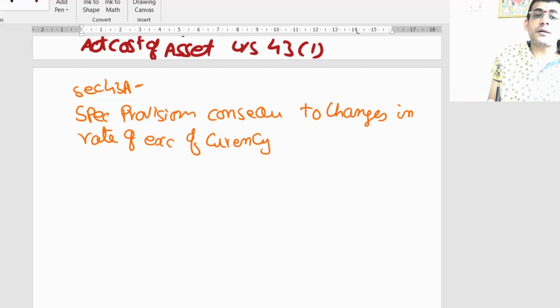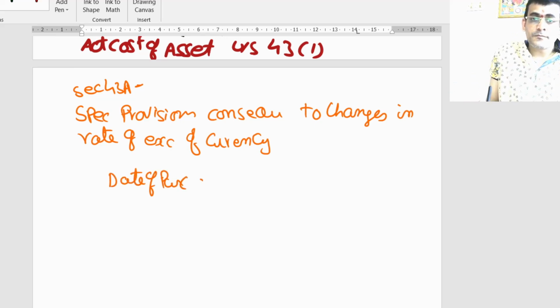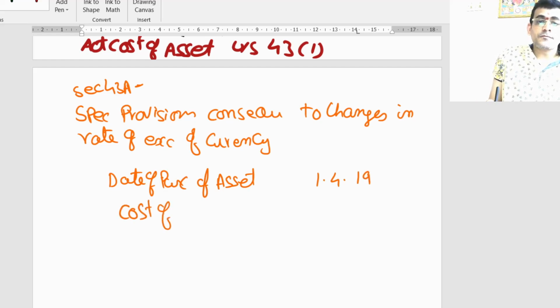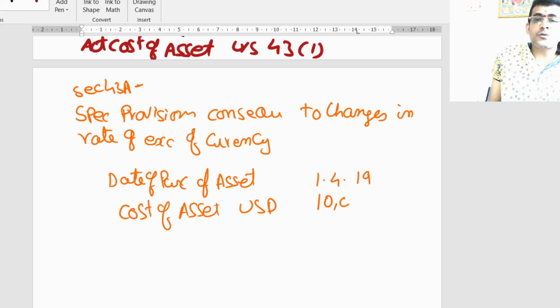Let me take an example. Date of purchase of your asset: let us consider 1st April 2019. The cost of asset in USD: let us consider 10,000 USD. You are buying the asset at a cost of 10,000 USD.